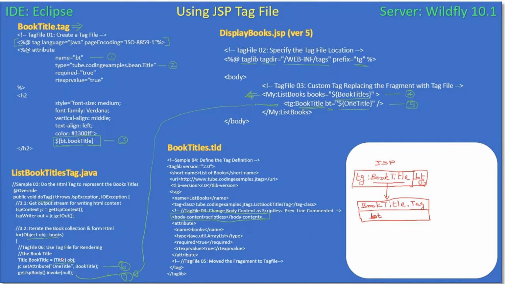Here inside the tag class, when it is iterating the books collection, you can see oneTitle. That's what we are supplying here. So oneTitle means we are supplying a single title bean instance to the bt.